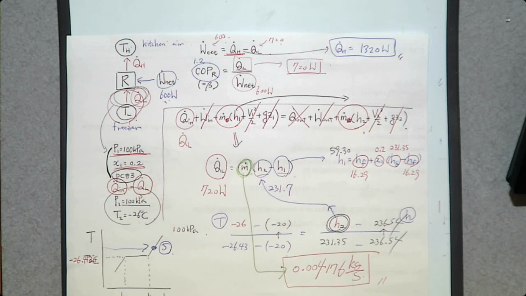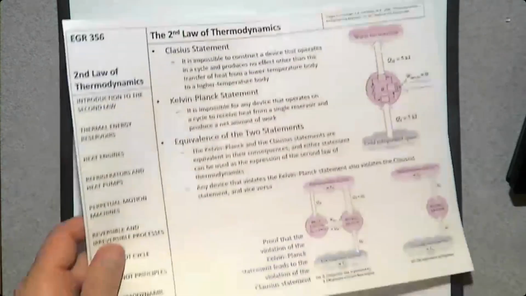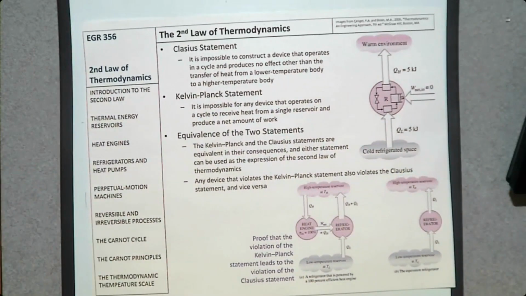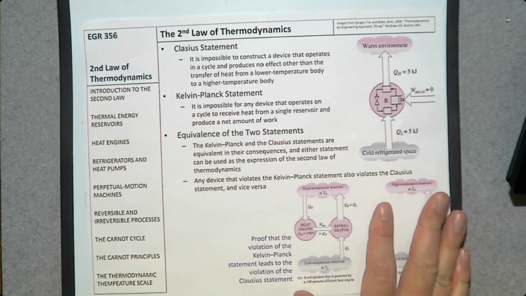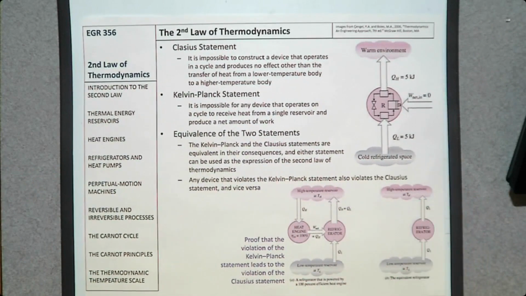We are going to study the Carnot cycle, which is the ideal cycle. To study the ideal cycle, we need to learn a little bit about reversible and irreversible processes. So first, let me introduce these 2 statements.